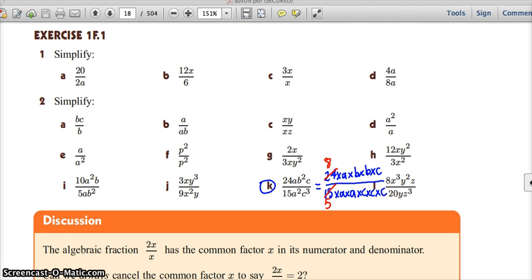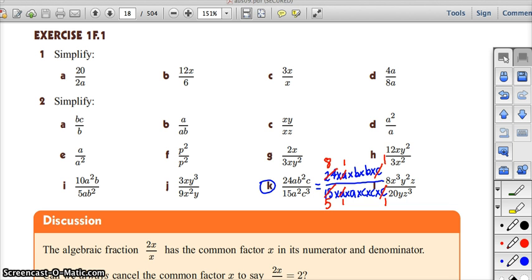What else could we simplify there, Jack? The A and the A. The A on the top line becomes 1. The A on the bottom line becomes 1. Good. Anything else? The C on the top line can become 1. And the C on the bottom line can become 1.